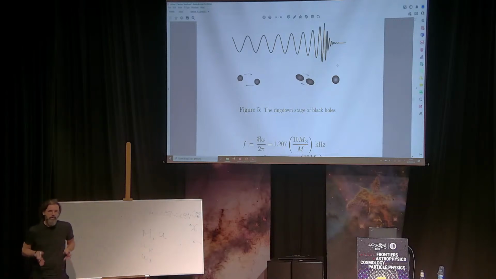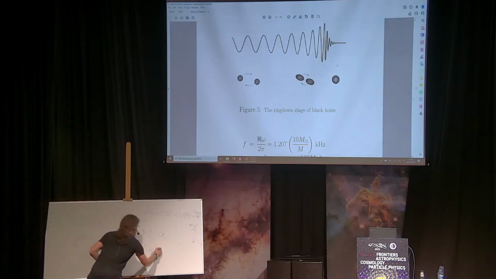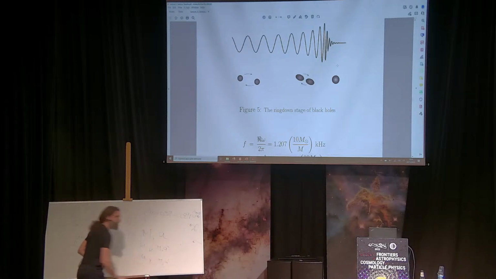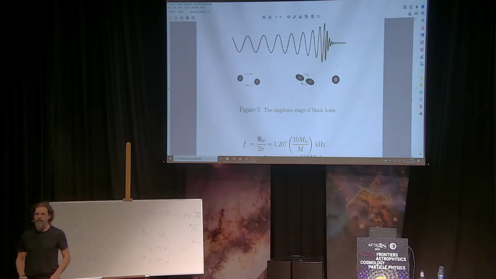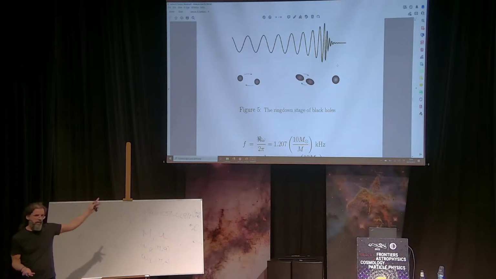Once you give the mass and spin, they are totally determined. So mass and spin characterize completely omega_r and omega_I. So if you measure observationally one of those frequencies, you're done. You have a way to estimate the mass and spin of the black hole. Okay?